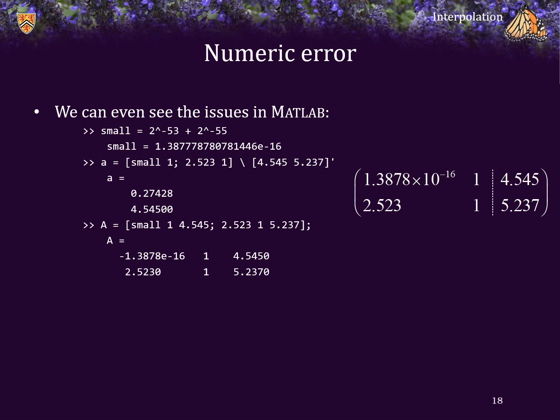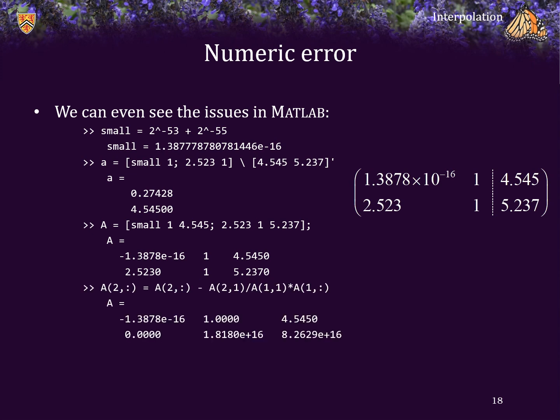Suppose instead we create the augmented matrix and then we add an appropriate multiple of one row onto the second. Oh dear, those are huge numbers in the second row now. 1.818 times 10 to the 16. We can now solve for the constant coefficient by using backward substitution and substituting that value back into equation 1.